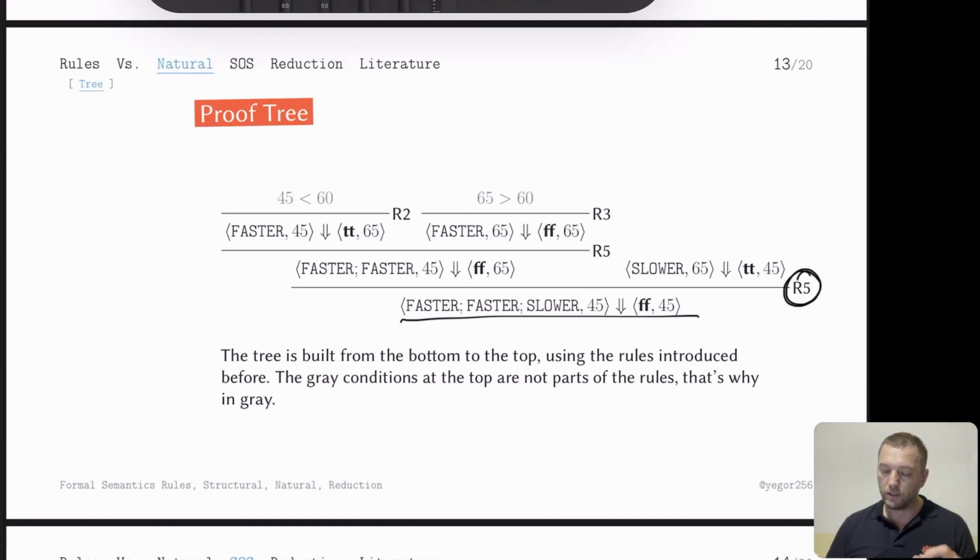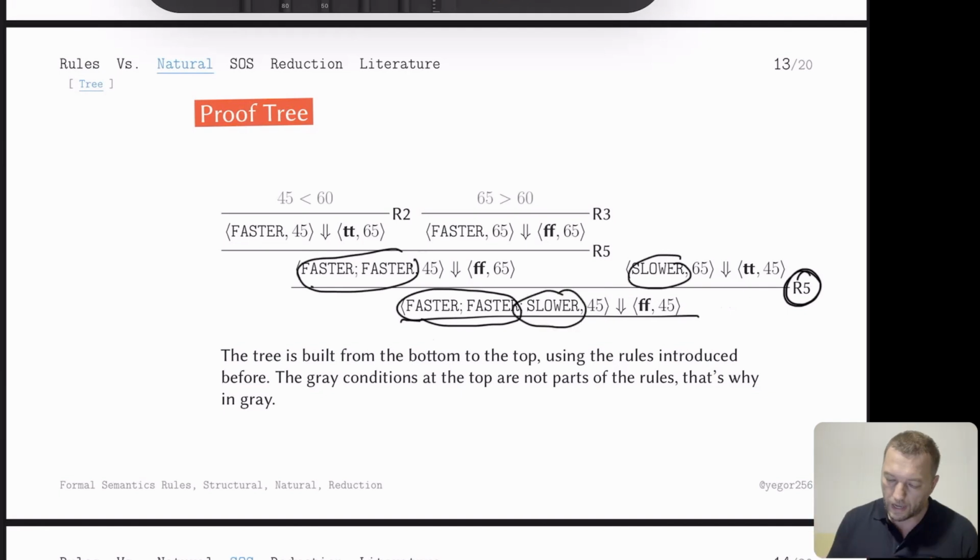We do it intuitively, and we put this rule here, and this rule has two premises. The first premise is for the first part of the command, and the second one is slower for the second part of the command. So we break it down into two parts. And this part is also broken down into two parts, faster, faster. And they find their own rules in the rule set.